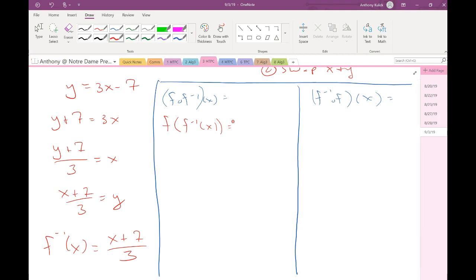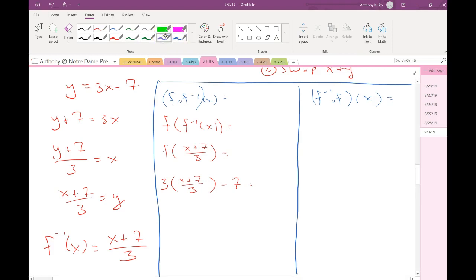So I'll just replace f inverse with its expression. And then to do the composition, I'm going to rewrite f, and everywhere where there's an x, I'm going to put an empty set of parentheses. And inside that set of parentheses is going to be f inverse.